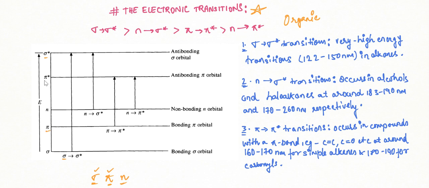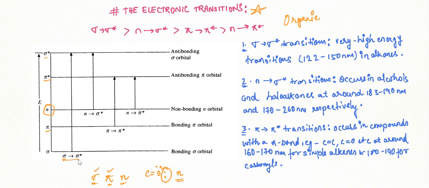If there is a pi orbital, there must be a pi star anti-bonding orbital. What about the N? The N is for the lone pair. Whenever we have, let's say, a carbonyl bond like this, these are the lone pairs over here, and this comes in the non-bonded electron pair, or the non-bonded state. So these are the various transitions which are possible.